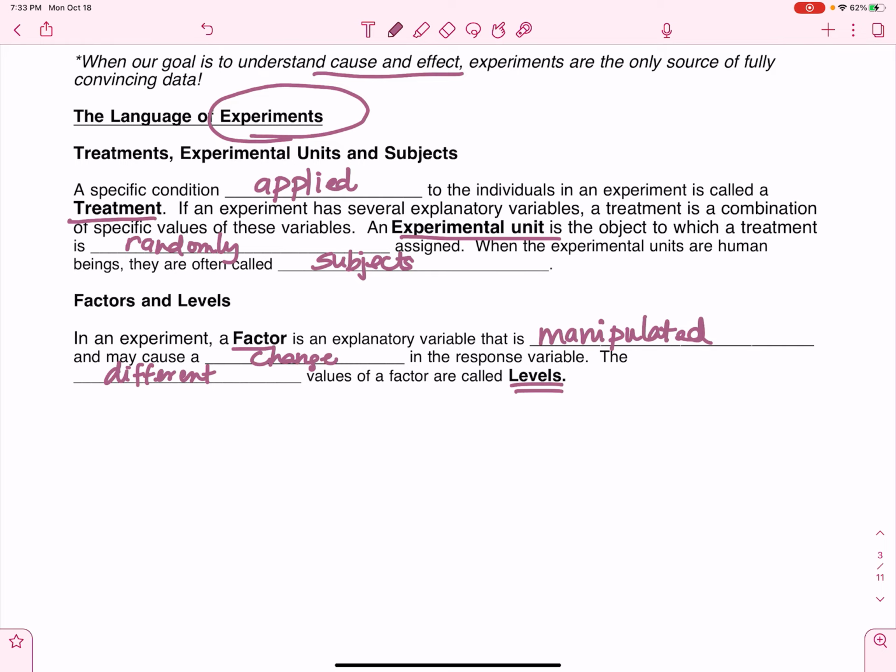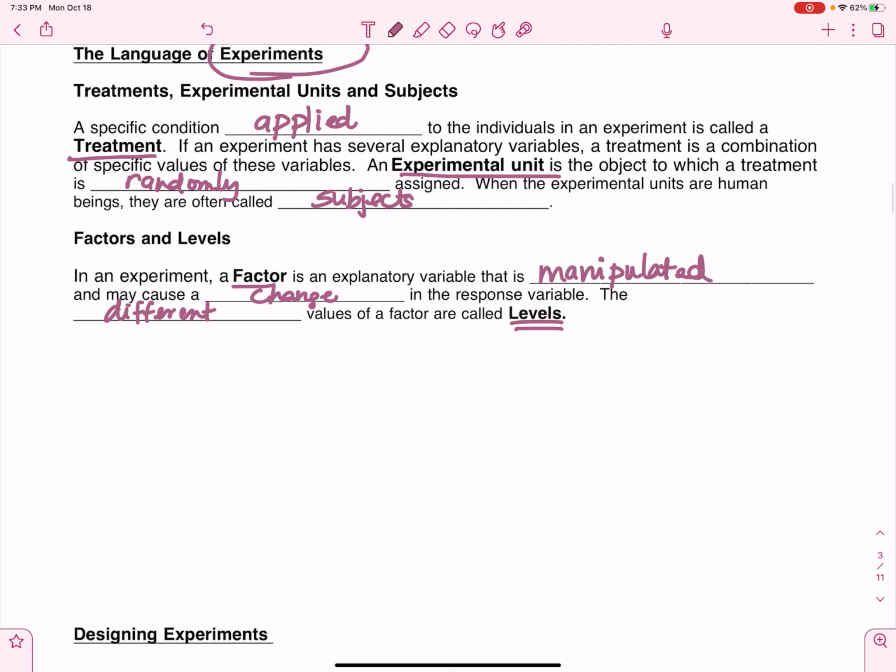Let's say I'm conducting an experiment, and I'm going to use that headache medicine. I have a headache drug that I'm going to try out, and let's say I want to see how quickly it cures a headache based on the dose of the drug.